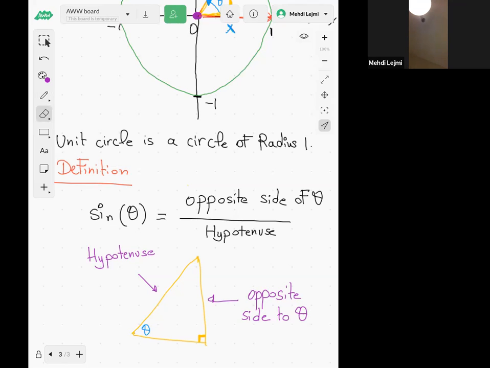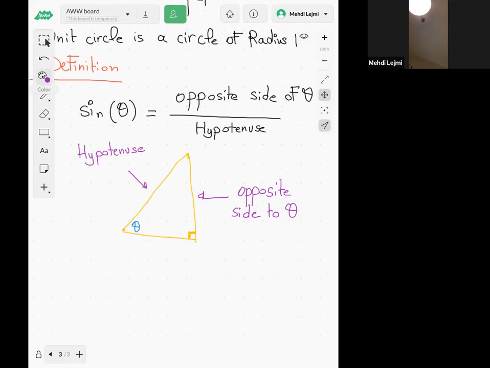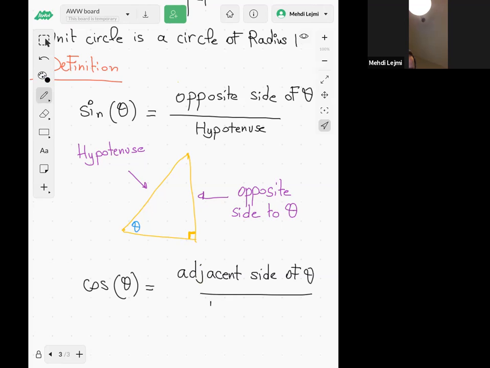Cosine of theta, by definition, would be the adjacent side of the angle theta over the hypotenuse.